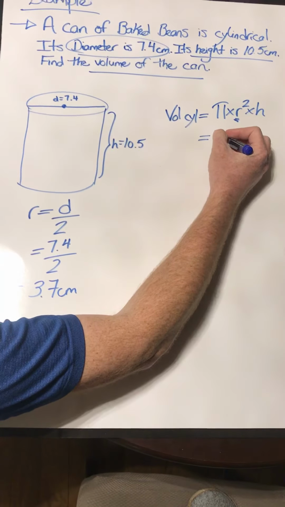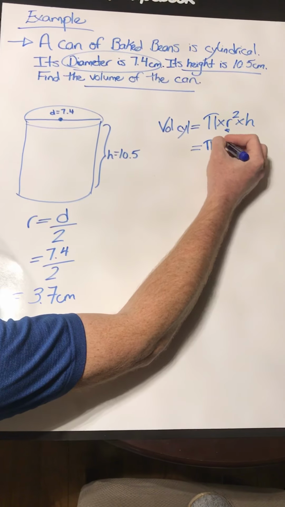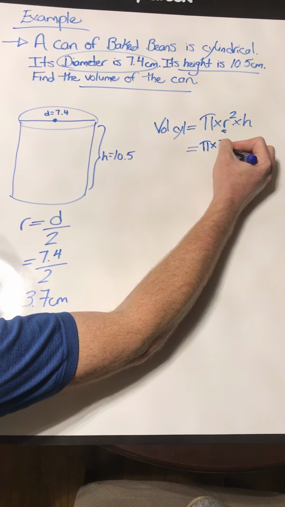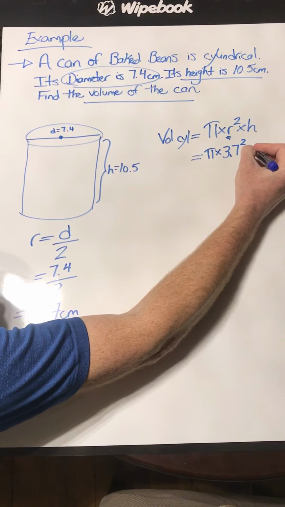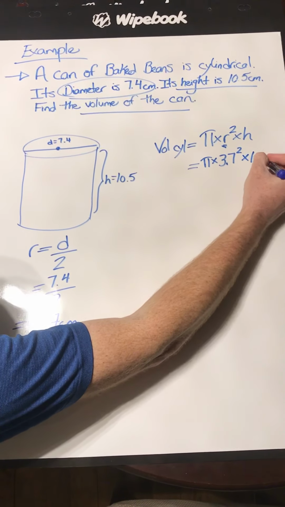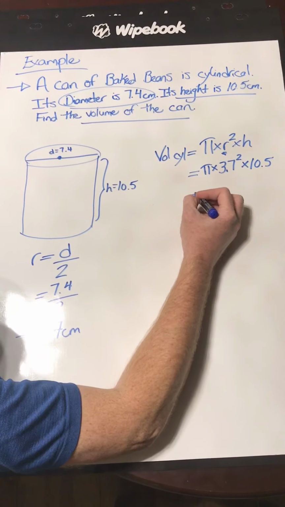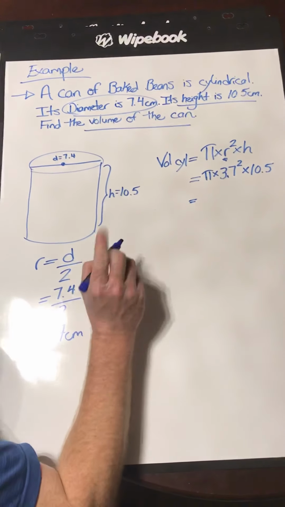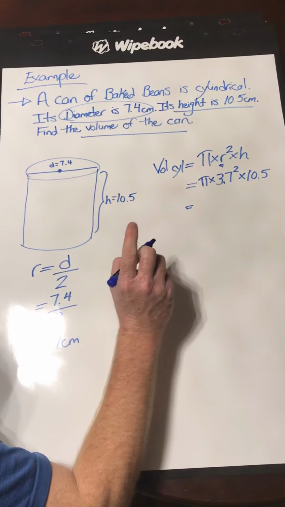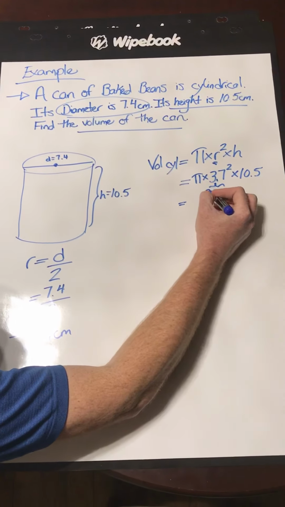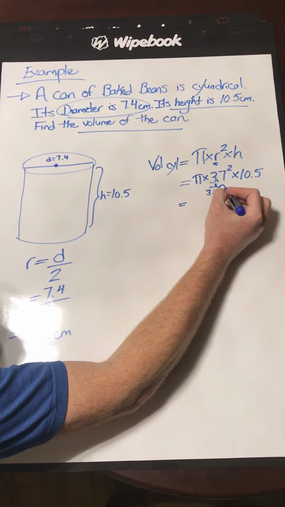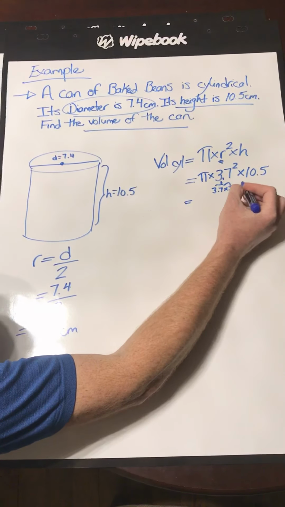So now I have R and I have H, so I can just substitute in. So I have pi times 3.7 squared times 10.5. And again, that is squared, not times 2. If you need to write it out, make sure you write it out, 3.7 times 3.7.